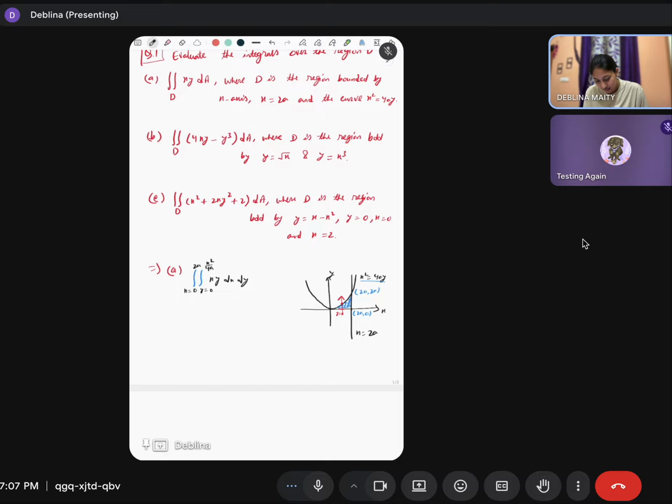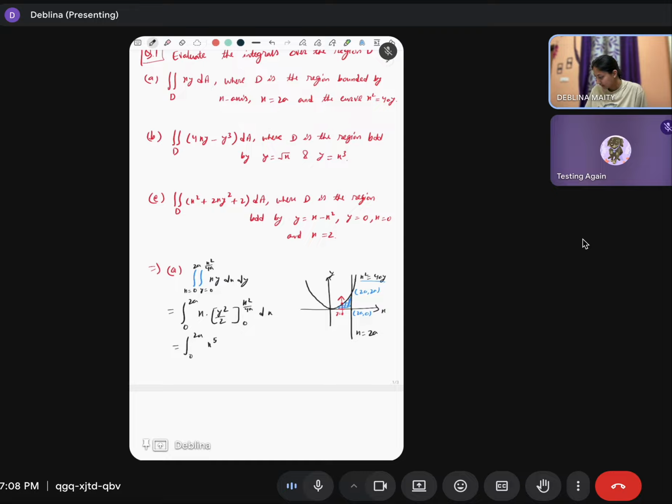Right? So now we'll integrate. It is going to be 0 to 2a, and x into x square by 2. Now this is just calculation.